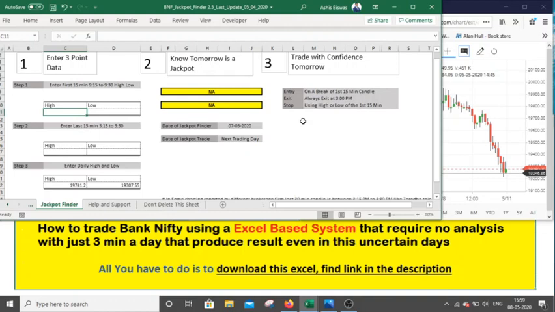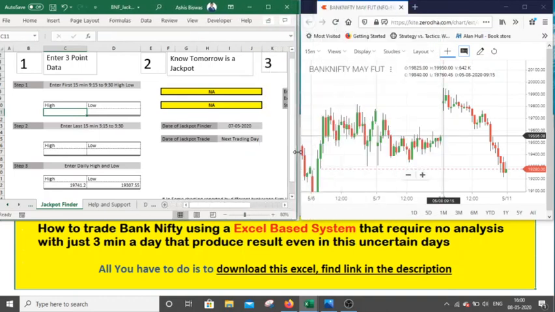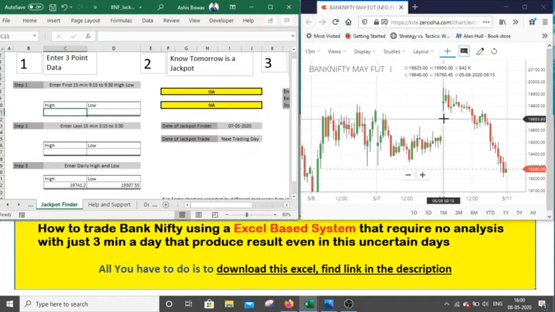My exit will be at 3 p.m. And my stop loss will obviously be the opposite side of the first 15-minute candle. If the first 15-minute candle breaks downside, then we go short, like today. This is the first 15-minute candle. It broke downside, so we went short, and this high was our stop loss. Our exit is at 3 p.m.